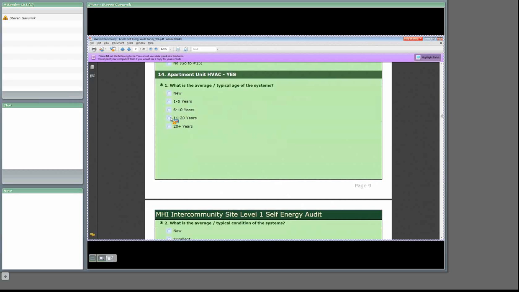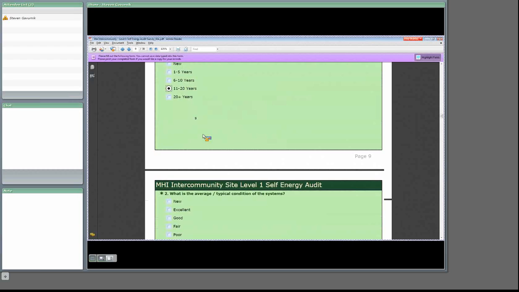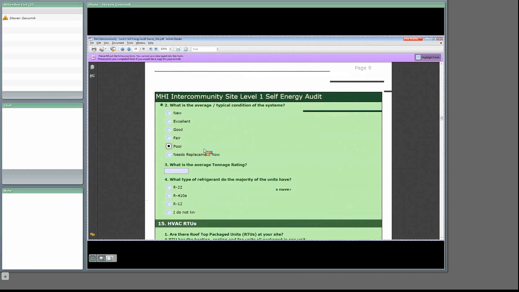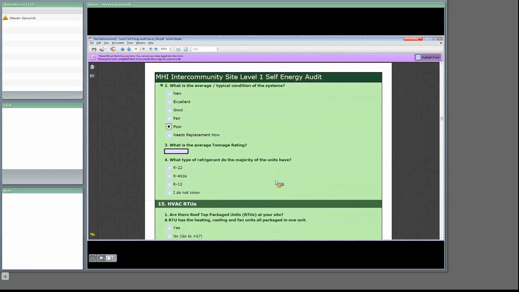So let's say you had several that were 1 to 5 years old, but the majority of them were 11 to 20, you'd select 11 to 20. You'd indicate what the general, typical, or average condition of the majority of those units is, not the exception of the new ones, and you'd indicate what they are.